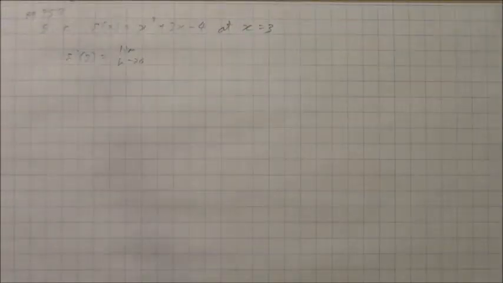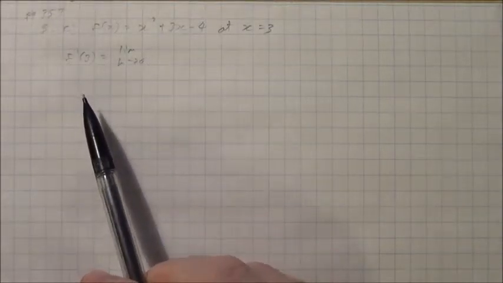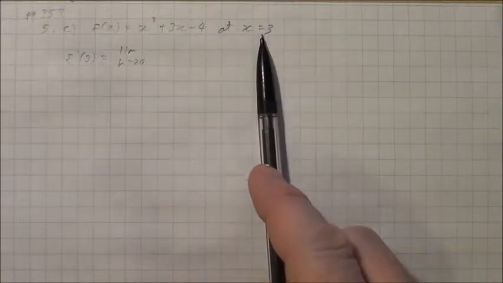And in question 5c, we are finding the gradient of the tangent to this function x squared plus 3x minus 4 at x equals 3.